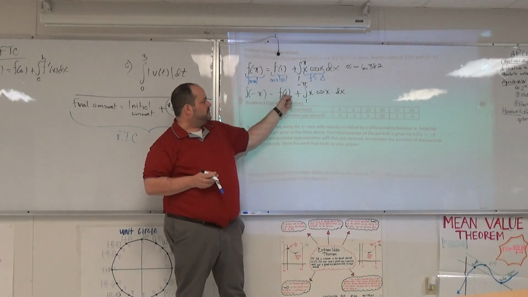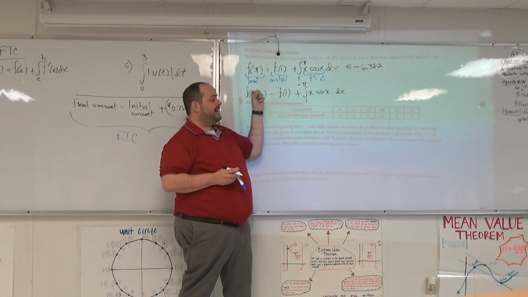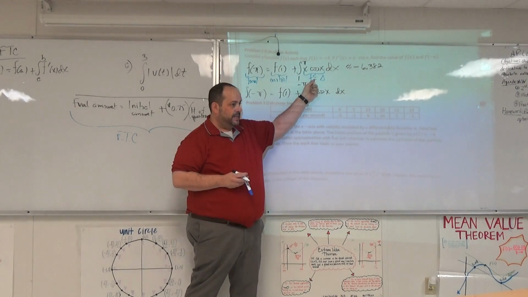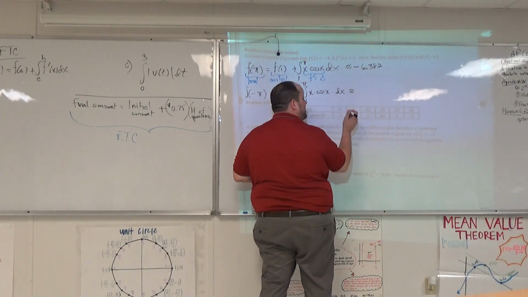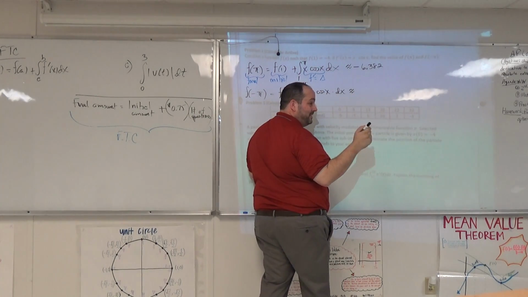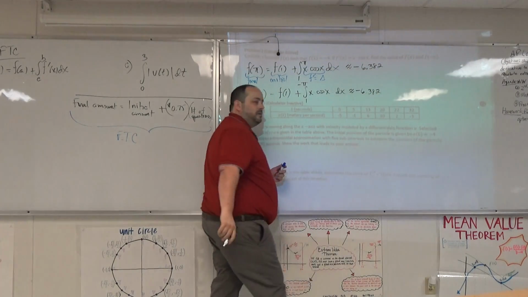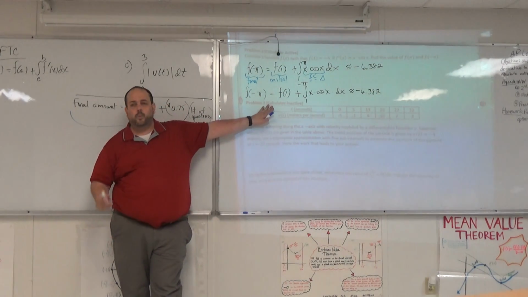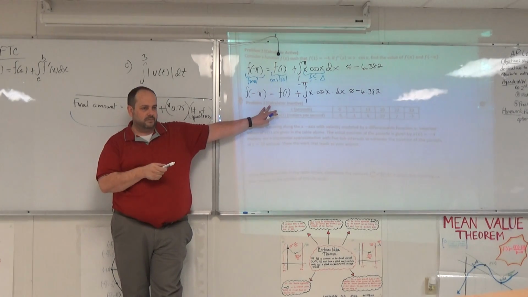Fundamental theorem: f of b equals f of a plus the integral from a to b. This is a, that's b. That's a way to get the answer. Myra, what are we getting this time? Negative 6.382. That's one way we could use the fundamental theorem of calculus to get the right answer.